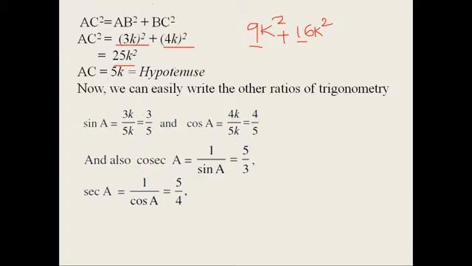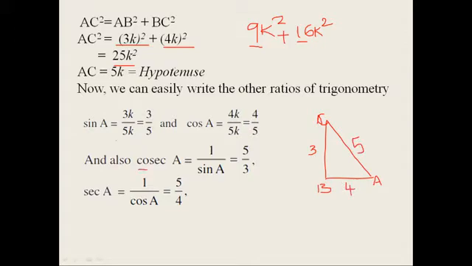Or simply we can write it like this by using the triangle. This is A, this is B, this is C. Here the opposite side is 3, the adjacent side is 4, and the hypotenuse is 5.